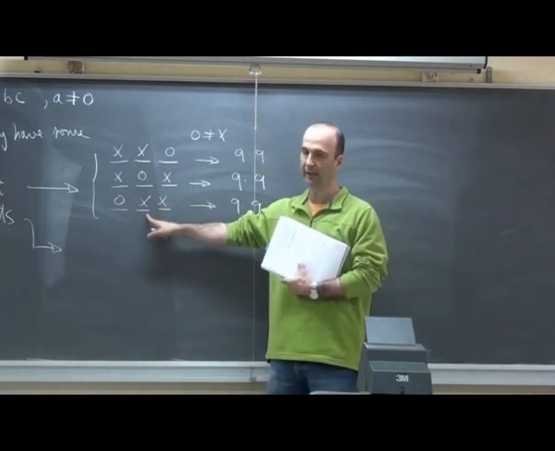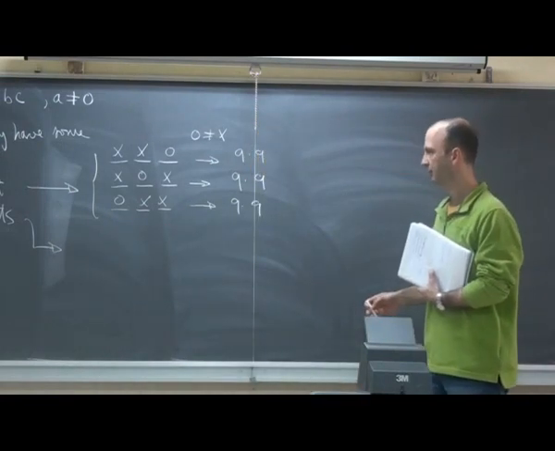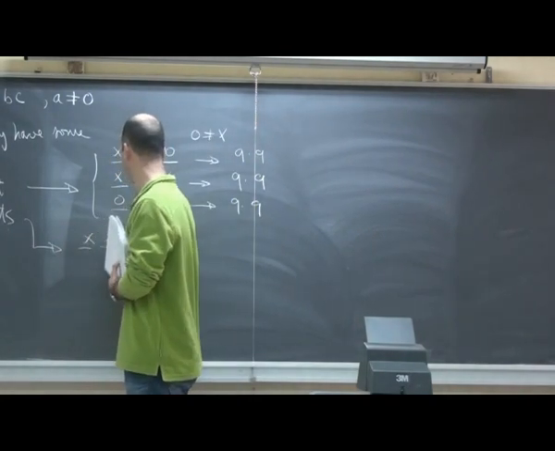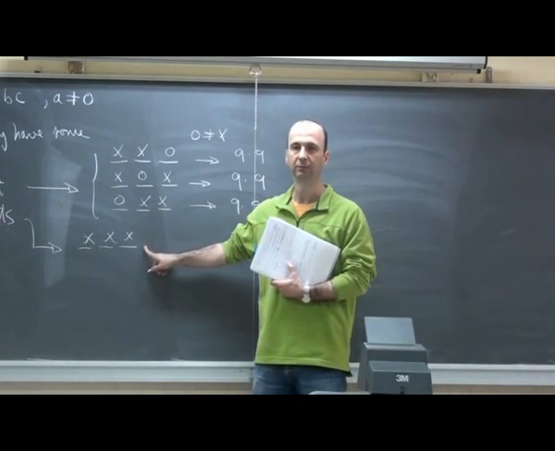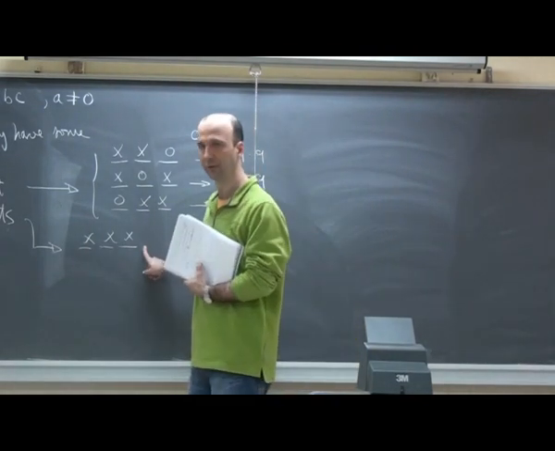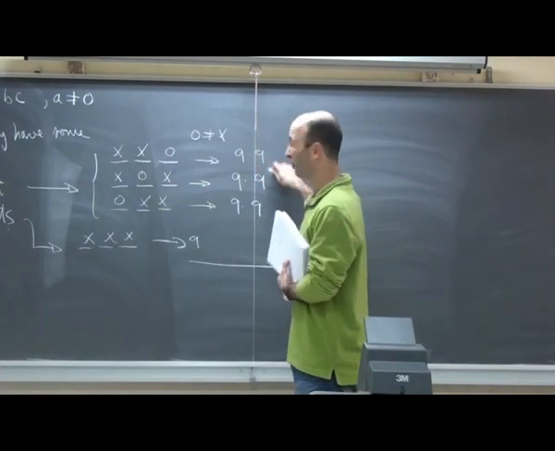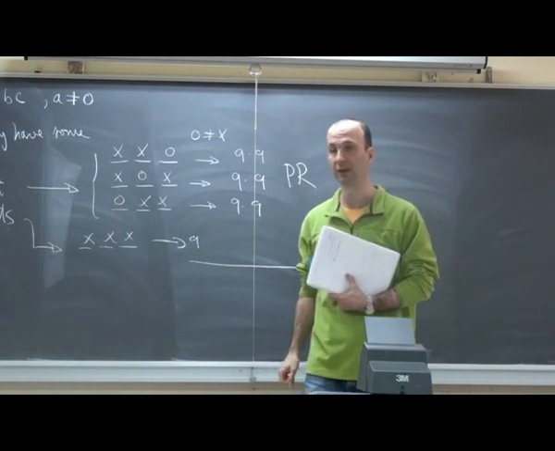Right, and then I cannot use the previous digit here, so it's 9 times 9. And for this case, how many possibilities do I have? 9, because again I cannot use 0. So 9. This was the product rule.